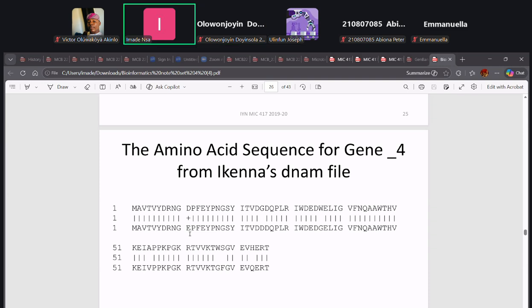What is represented by E? Glutamic acid. Are they in the same group? Yes, they are. They are both acids. They have acid structure, so they are in the same group. So every other thing is the same, right? 12, 13, 14, 15, 16, 17, 18, 19, 20. Is that correct?